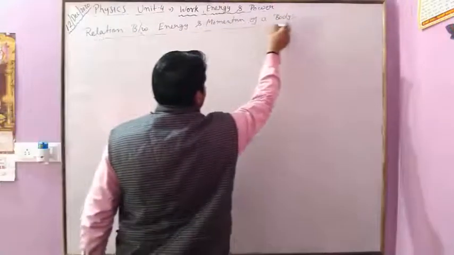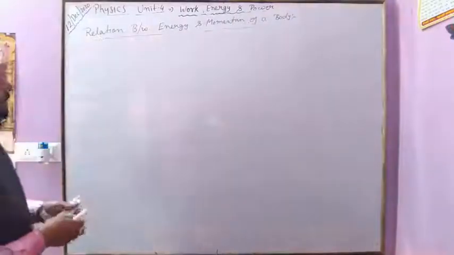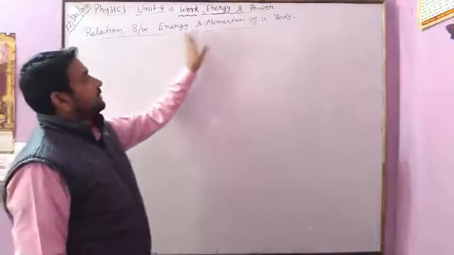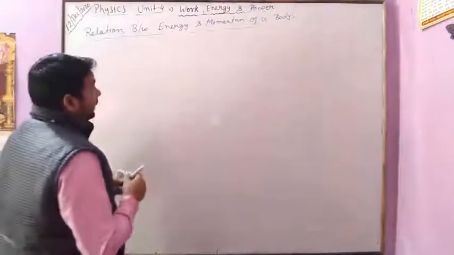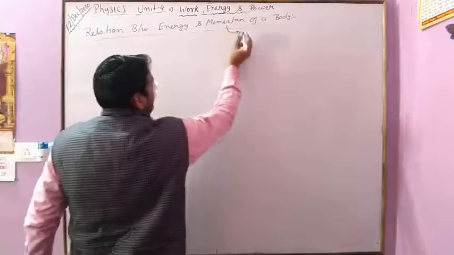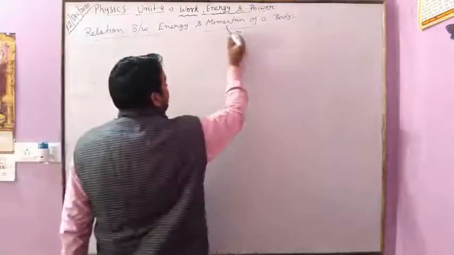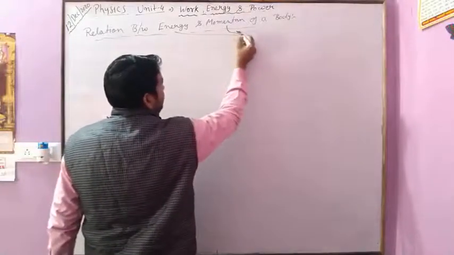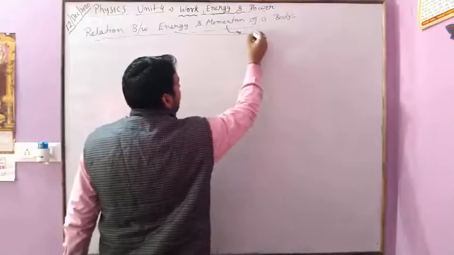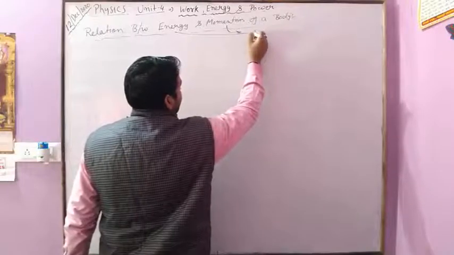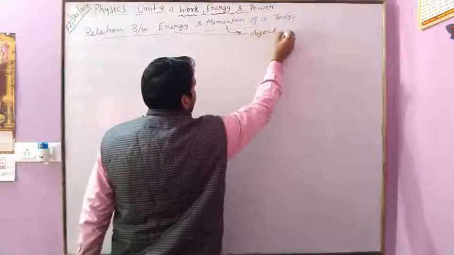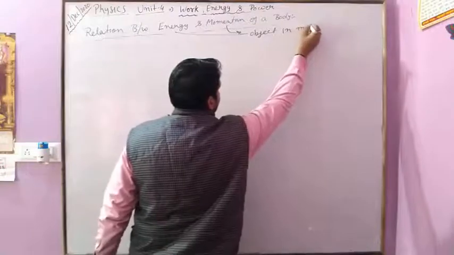Okay, students? So, if you have the idea related to energy and momentum, here, student, it is very clear. If we have to relate the energy with the momentum, that means both the things are related to the object in motion.